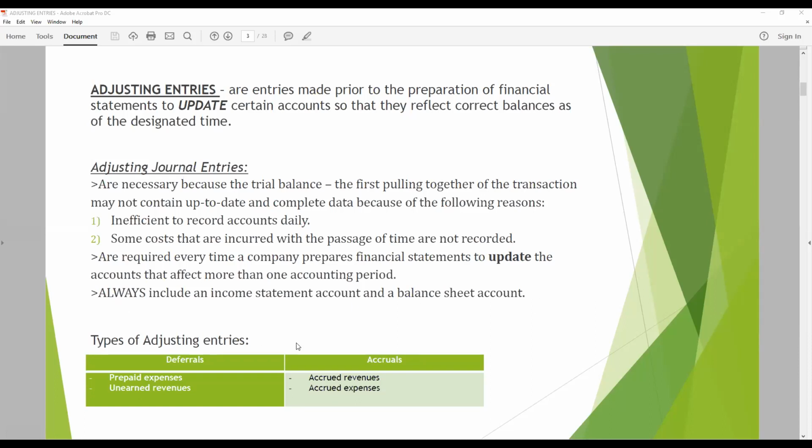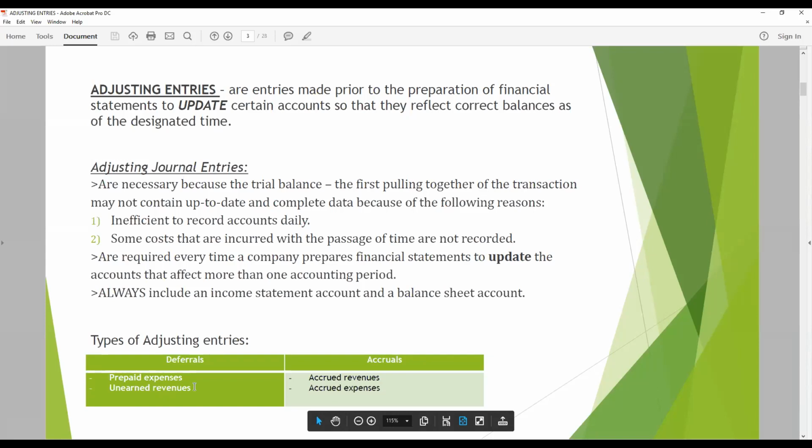So we have two major types of adjusting entries. You have the deferrals and the accruals. Under deferrals, you have prepaid expenses and unearned revenues. Prepaid expenses are expenses paid in advance.